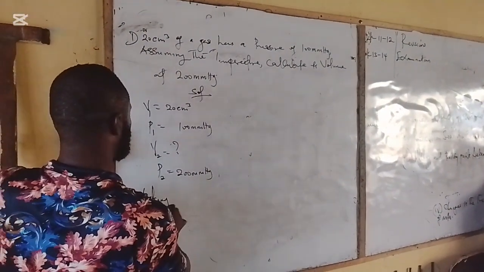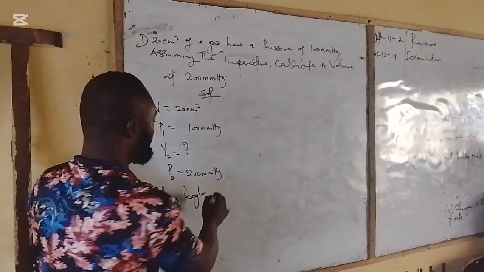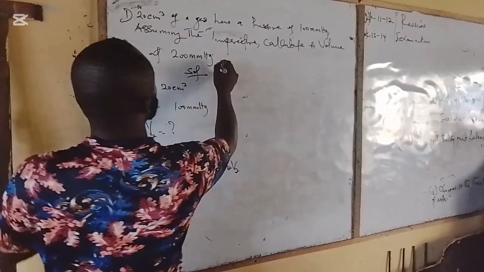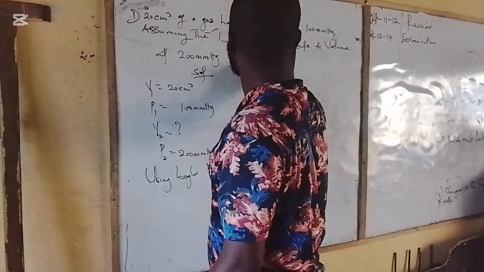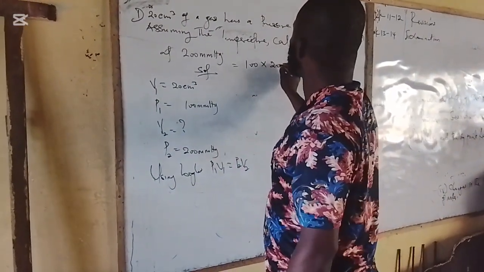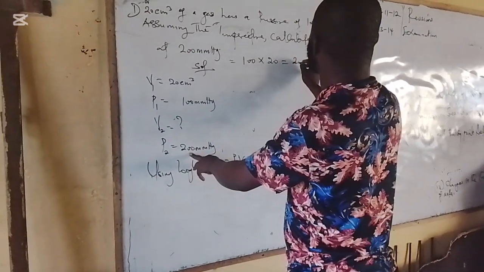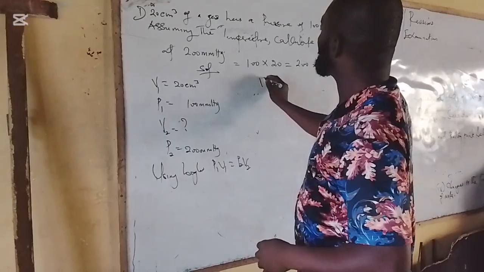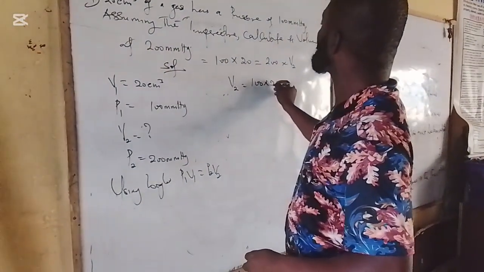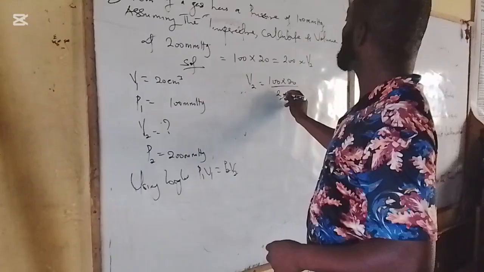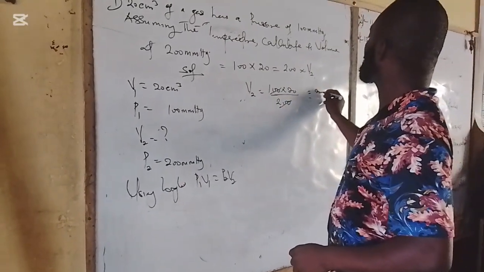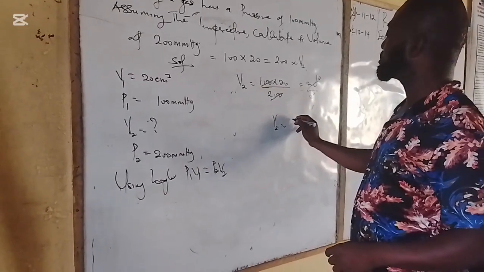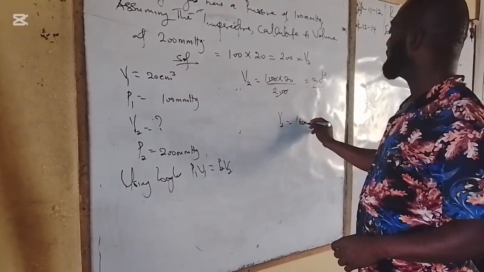So using Boyle's law, which I have previously proved, P1 V1 equals P2 V2. So P1 is 100, V1 is 20, equals P2 is 200, V2 is what you're looking for, it's unknown. Making V2 the subject of the formula, that would be 100 times 20 all over 200. Cancel the zeros, we have 20 over 2, which is 10. So V2 equals 10 cm cube.